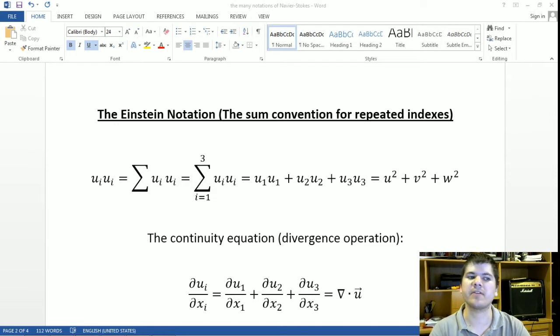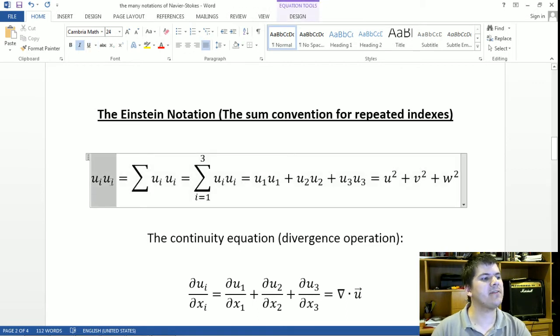Well, if you have something like this, which is u, a certain variable, in our case the velocity, subindex i multiplying u subindex i, it is equal to the sum of u_i from i equals 1 to 3. So this is equal to this.